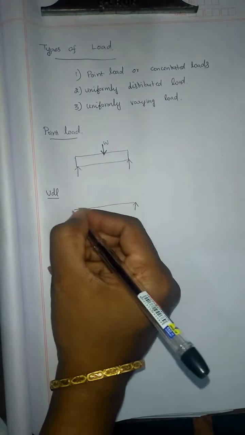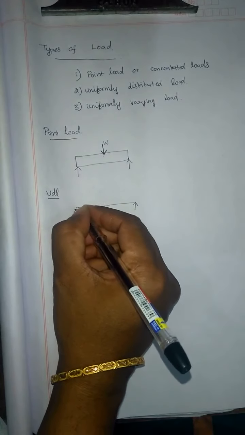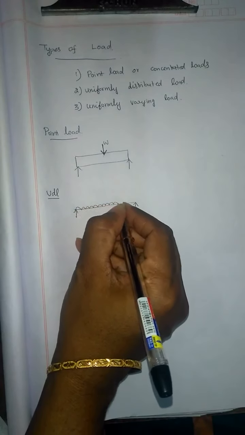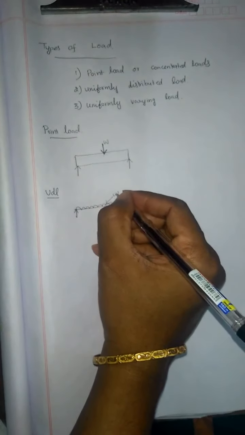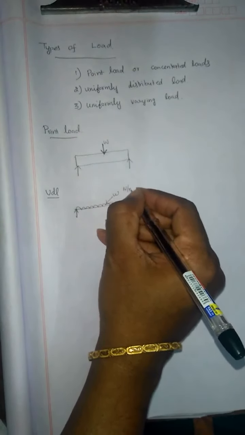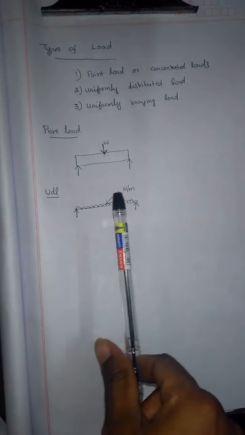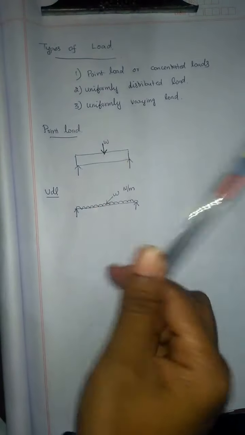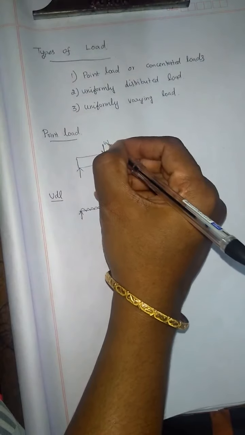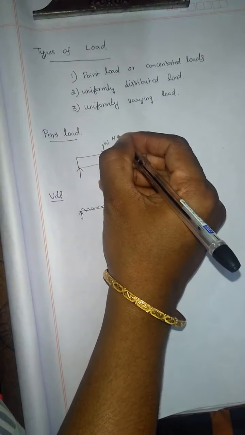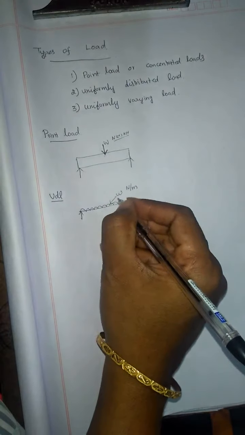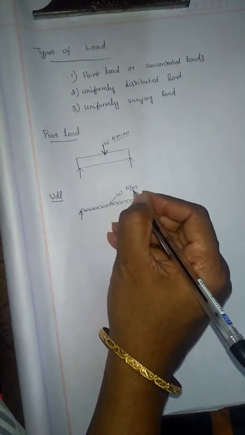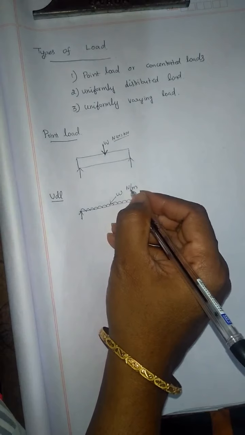Uniformly distributed load means the load is distributed uniformly throughout the length of the beam. It will be given with units Newton or kilonewton or kg, whatever it is, as Newton per meter or Newton per mm or kilonewton per meter.